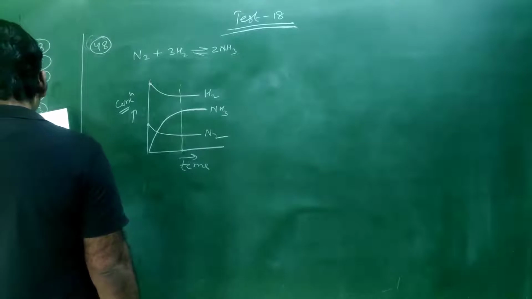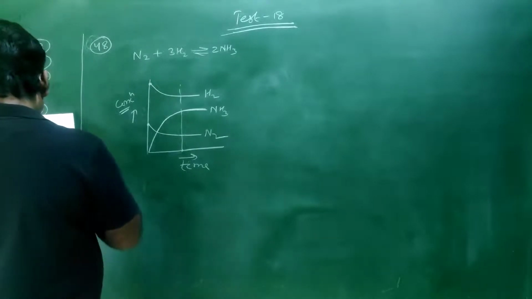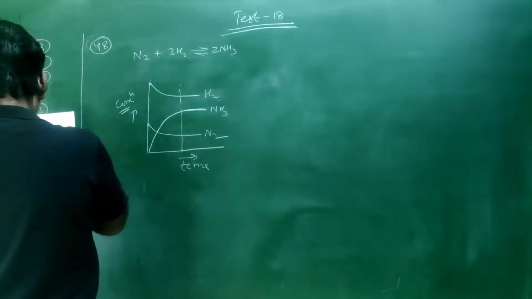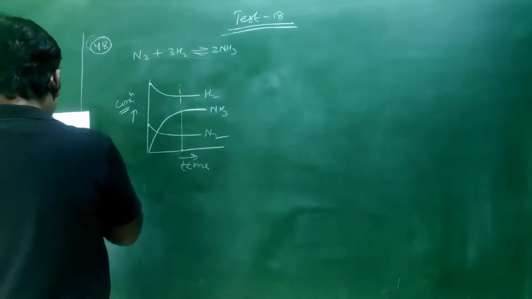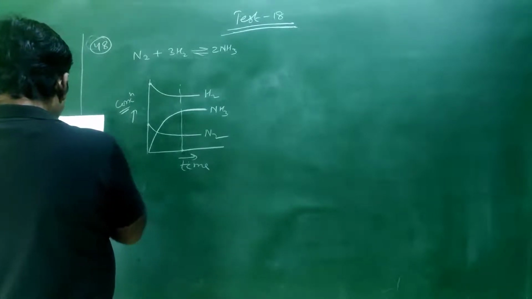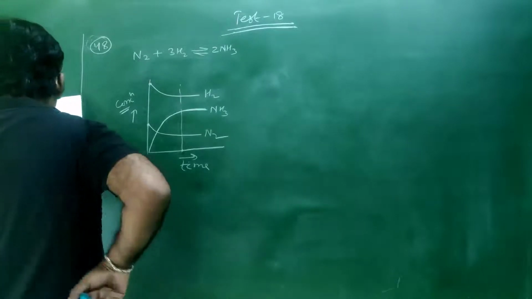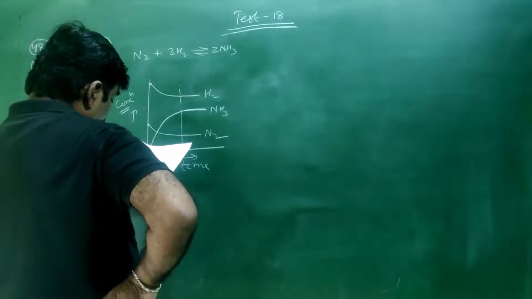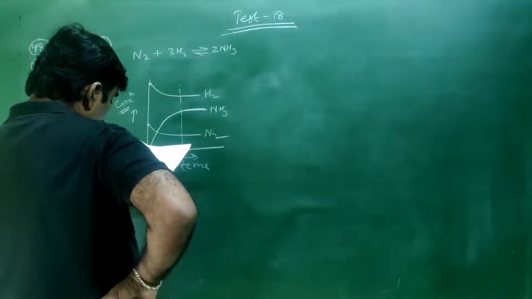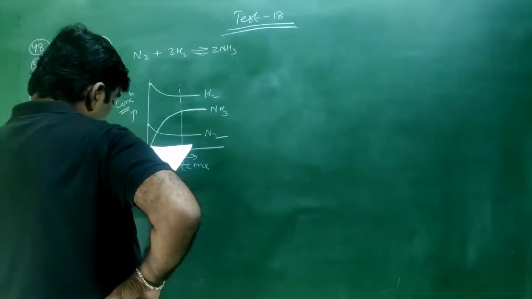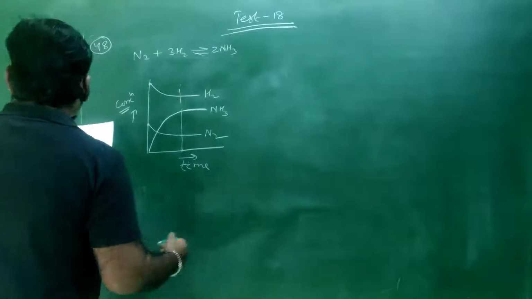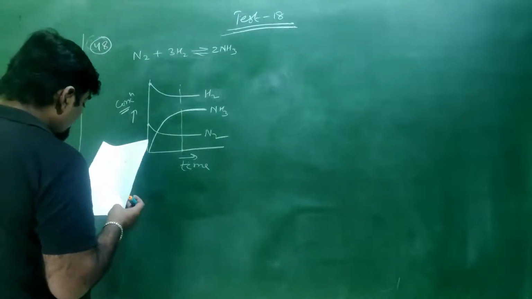We have taken this one. So where is the exact graph? If this is hydrogen, hydrogen must be at the top, then nitrogen. So actually none of the graph is correct.